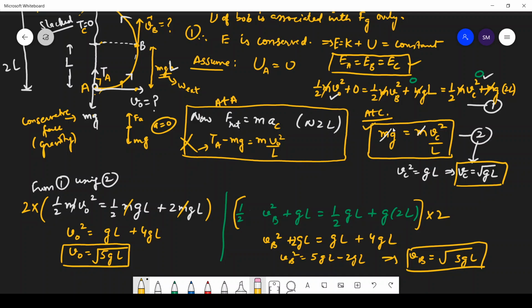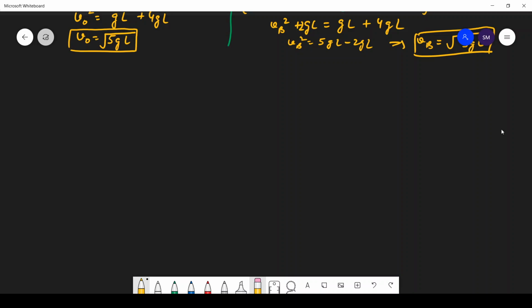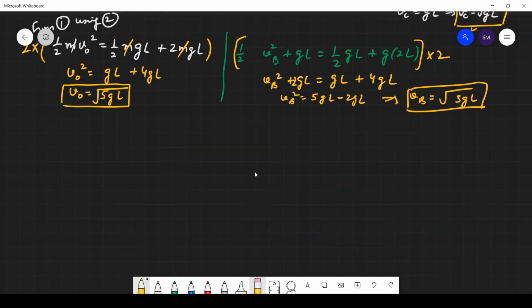So in exams you can directly write for C, because there was slack in the string, so the tension at C is 0, so F net is equals to MAC, so the only force was gravitational force, mg, and that is equal to mv square by L. So we got VC from here, and put the VC and equate it with V naught, this expression. Now put the value of VC and equate it with VB. So such a simple concept, and we have done this example. So students, now there is one more part to this question.